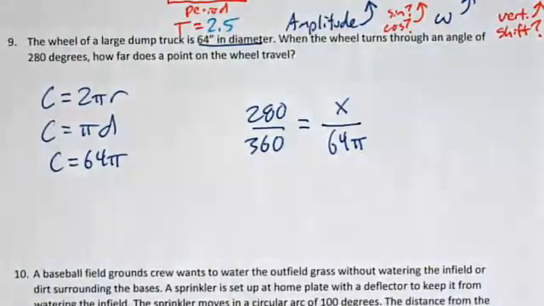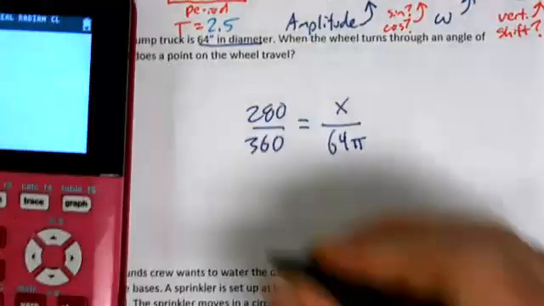So cross multiply, solve that thing, and we'll get our answer. I'm going to guess it's less than 64 pi. It should probably be less than 64 pi, right? 64 pi is around 180, 200, something like that. And that's going to be about 3/4 of that. So I'm going to guess we're looking around 150-ish, 140, 150. All right, so 360x.